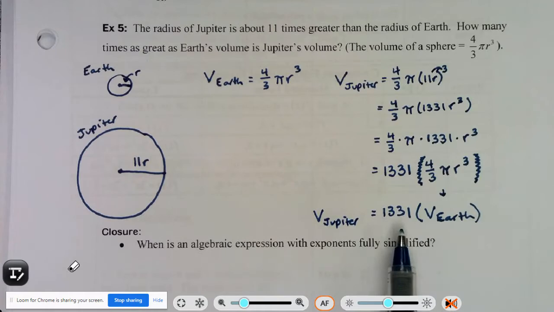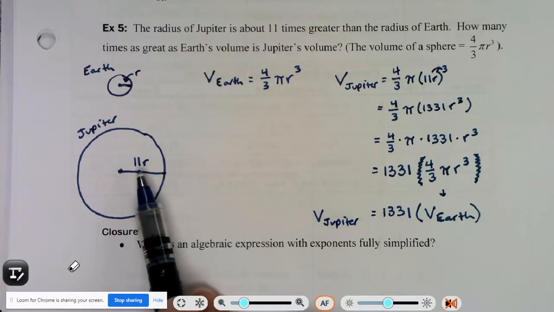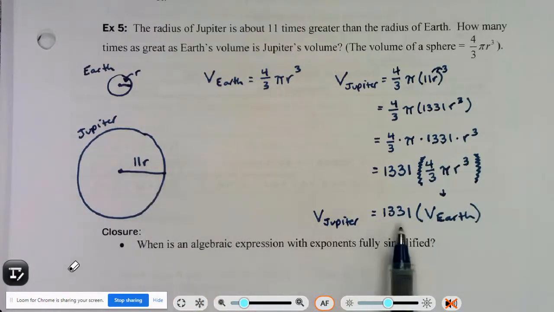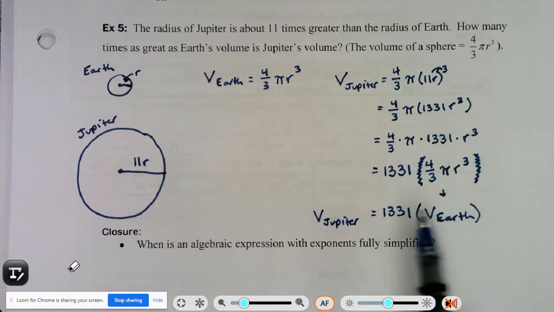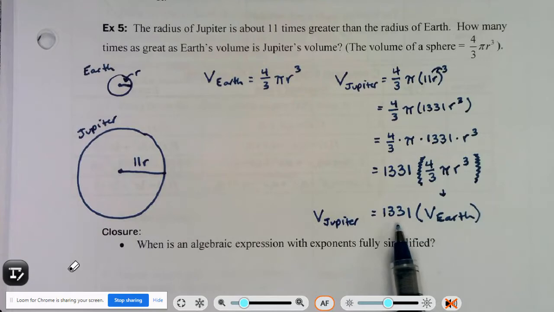So it's way, way bigger in terms of volume, way more than even just 11 times like the radius was. Now that it's a cubed value, it actually cubes how much greater the radius is. So 1,331.